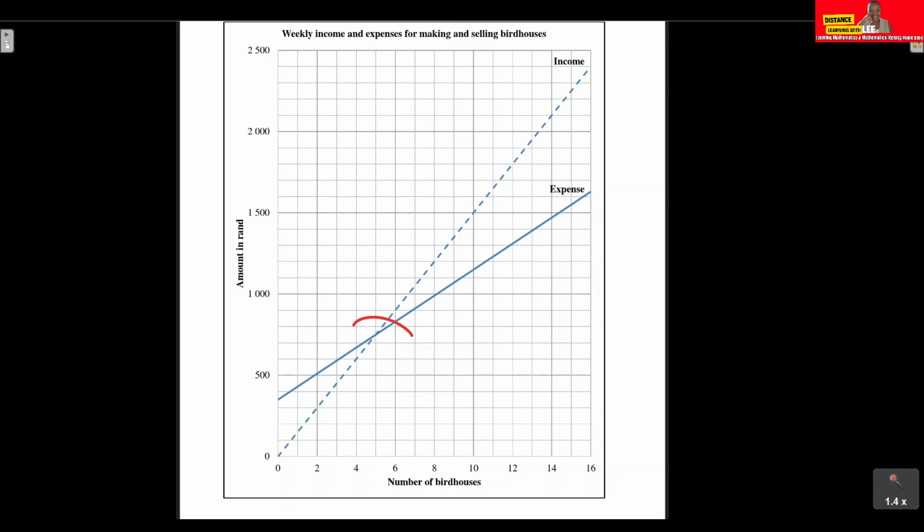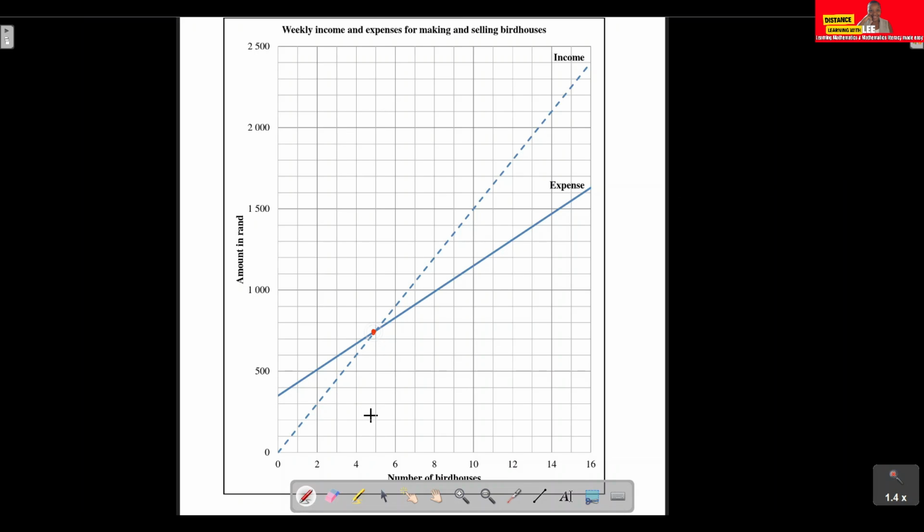If we had to find where our break-even point is on this graph, you'd see that it is at this point here, because at that point our income and our expenses intersect, they are equal.